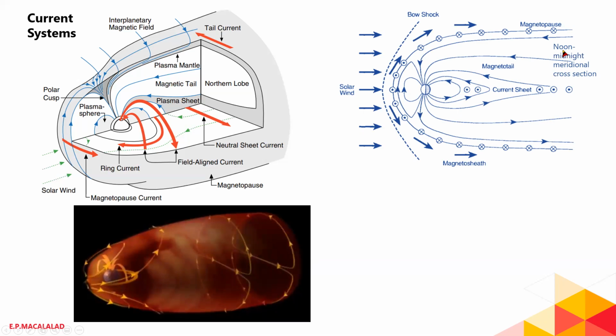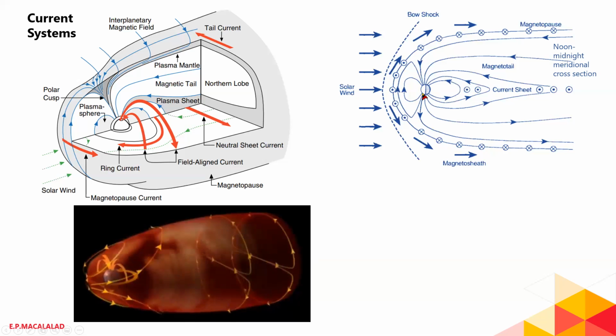If you encounter the term noon-midnight meridional cross section, that means this is the cross section when you, for example, slice the Earth along the poles. The Earth is usually drawn like this.